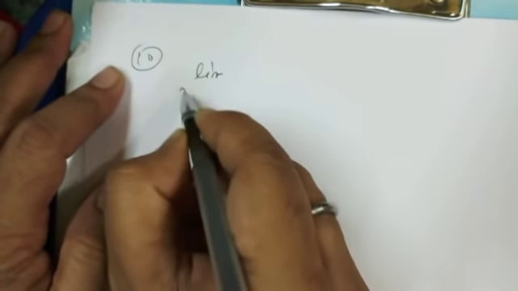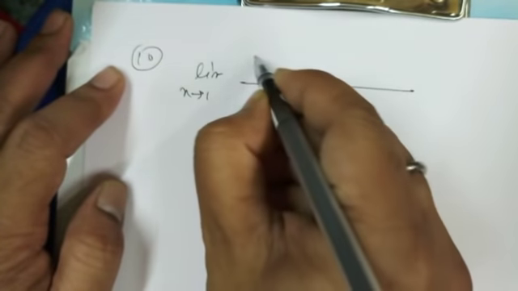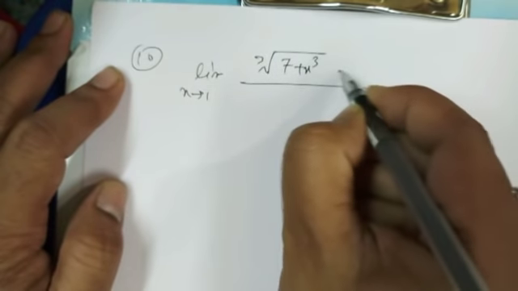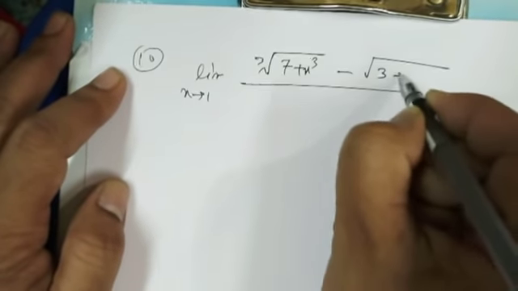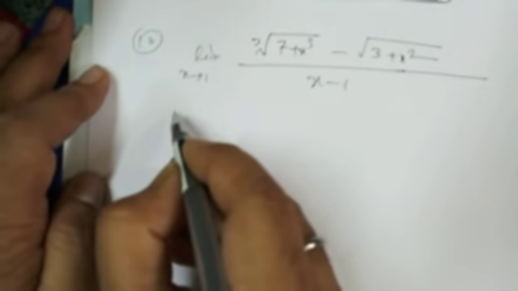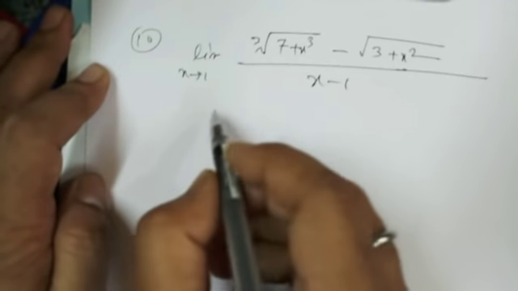The limit as x tends to 1 of the cube root of 7 plus x cube, minus the square root of 3 plus x square, upon x minus 1. Okay, now this is also using the binomial theorem (BT).